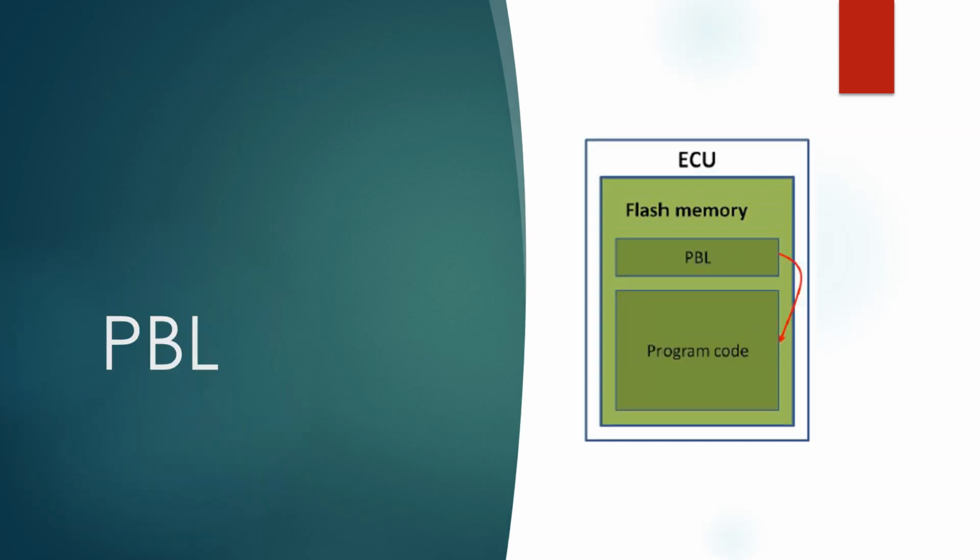In the last section we also showed the PBL, in the case of a flash bootloader where we will not use the RAM. In this case, we have a primary bootloader which will program the other part of the flash memory. The primary bootloader occupies one section and the other section holds the application code.